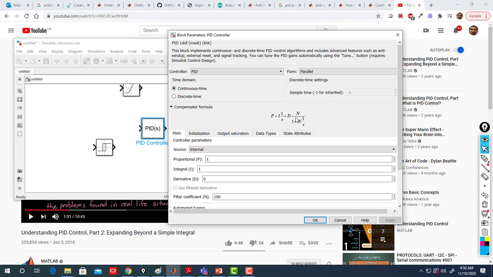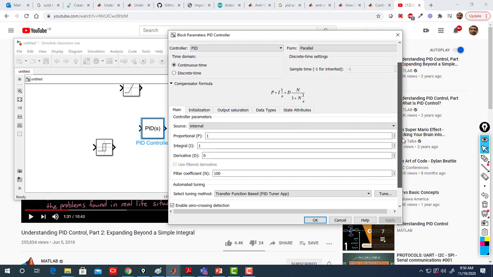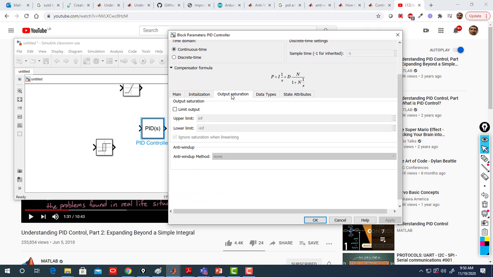But if you wish to consider the wind-up effect in your PID block, you go to output saturation here. We never showed it to you, but maybe you saw it in your own research. You say I want a limit at my output, limiting the output of my controller to account for the saturation.